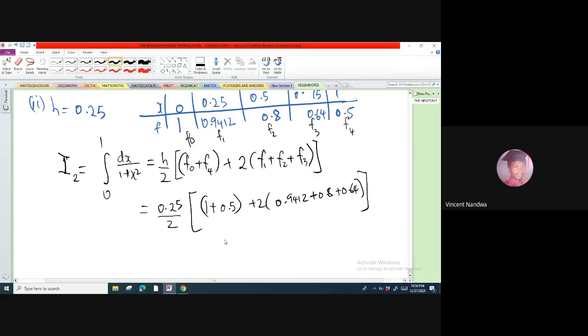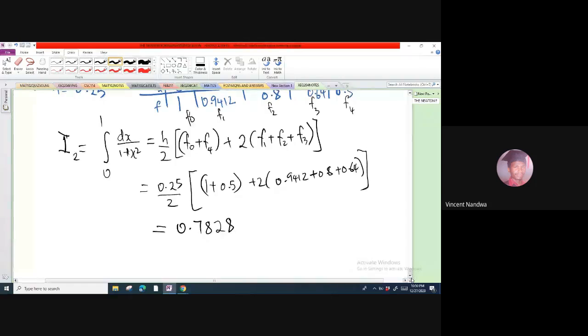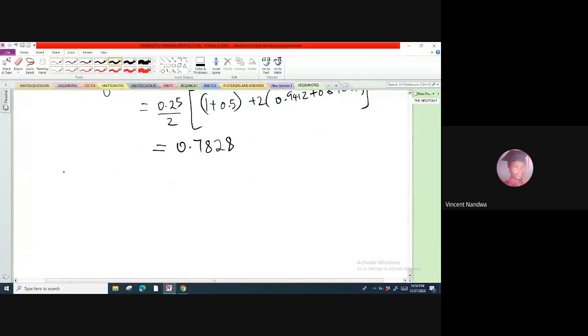When you work this out to four decimal places, you get 0.7828. So this becomes our I2.